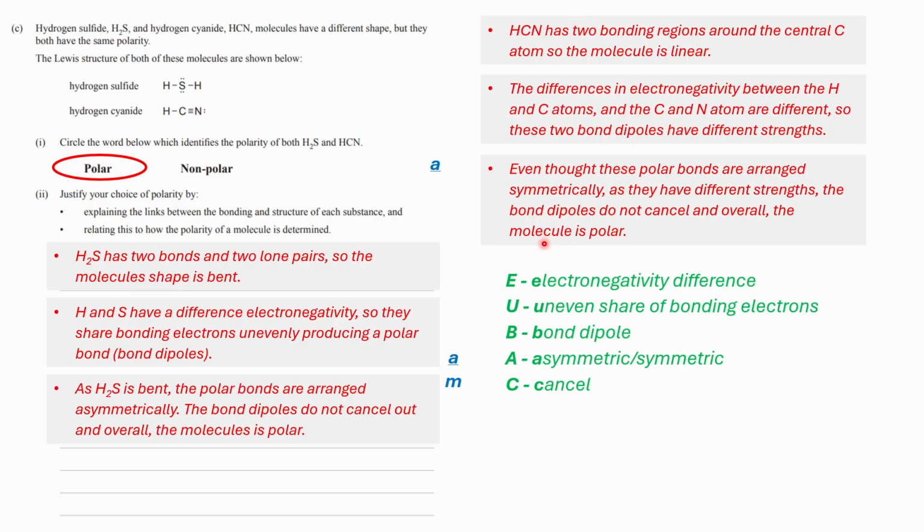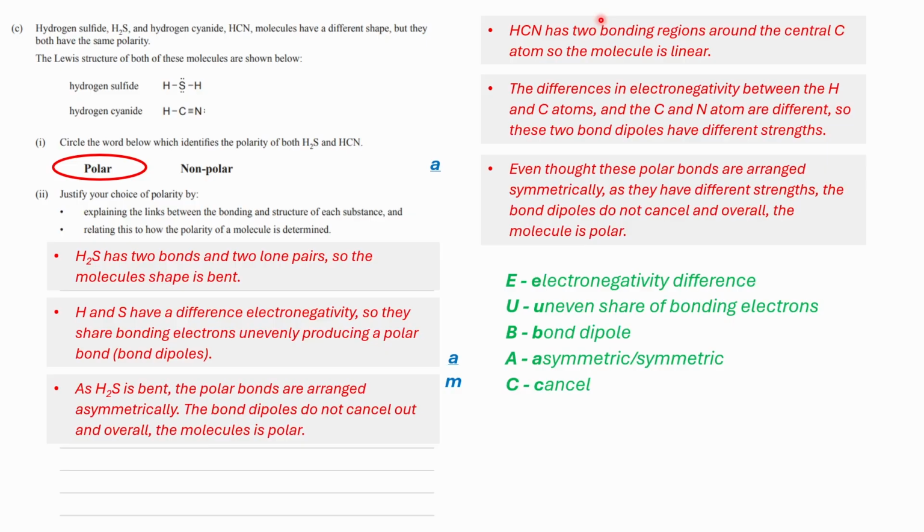So here we really need to emphasize that it's because they are two different bond dipoles with different strengths, they do not cancel out even though it's symmetrical. If you talked about the different strength of these bond dipoles, that's another merit point, right?